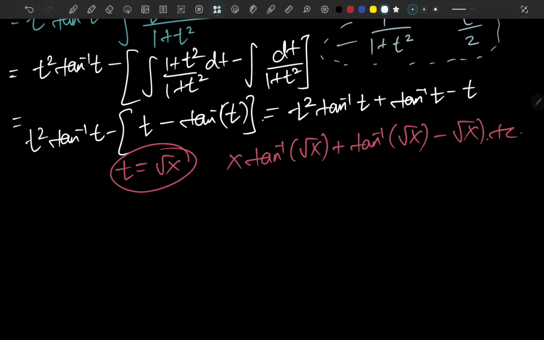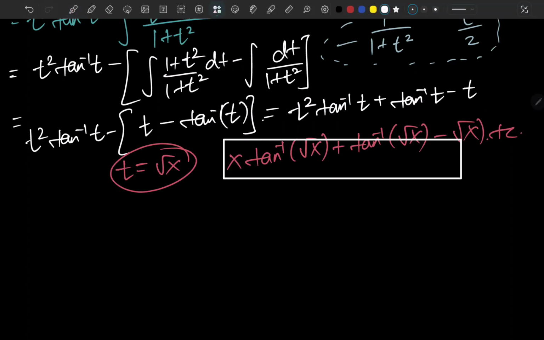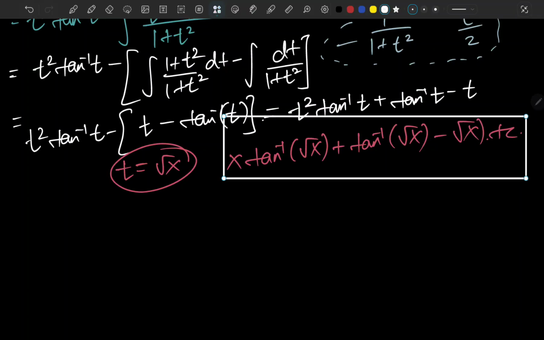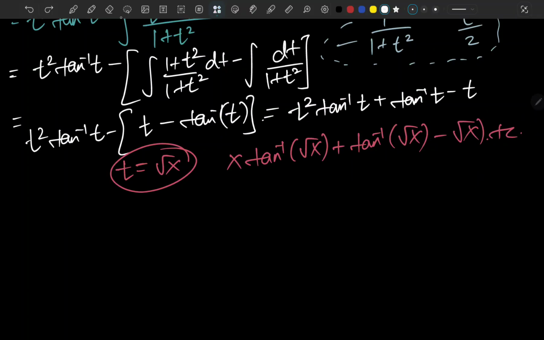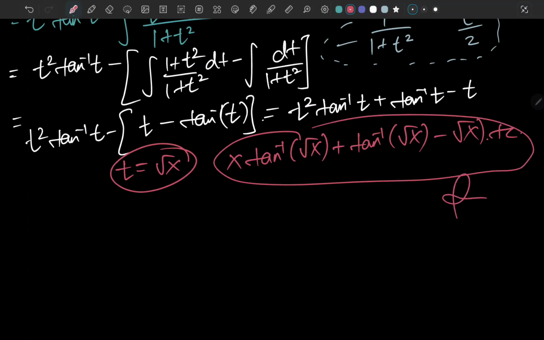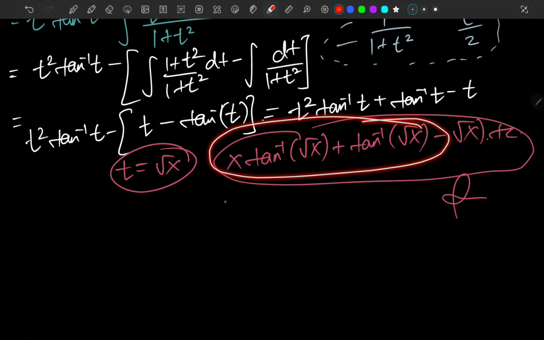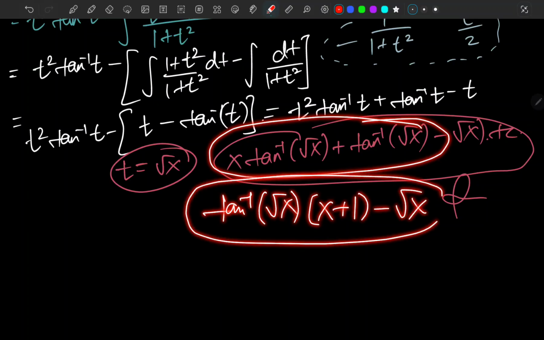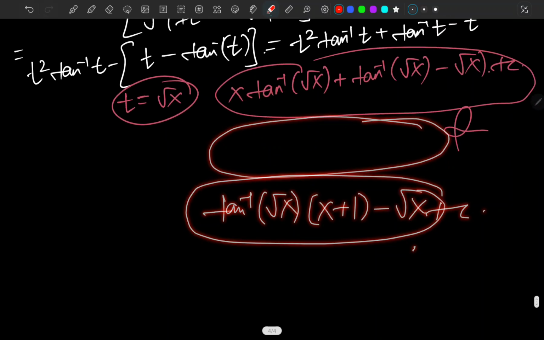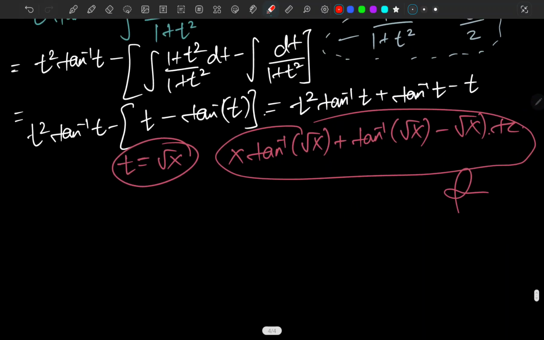And I think I did it, it's not wrong, I think. Yeah, you can factor out tangent inverse from these two terms for better looking result. So that becomes x plus 1 minus square root of x, again plus c. So yeah, I have matched the result.